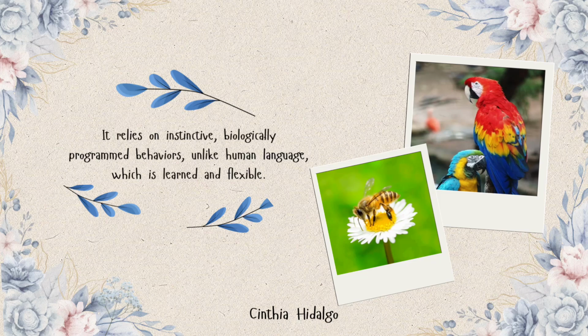According to the first chapter of An Introduction to Language by Fromkin, Rodman, and Hyams, titled What is Language? Animal communication operates through instinctive, biologically programmed behaviors rather than learned or flexible systems like human language.